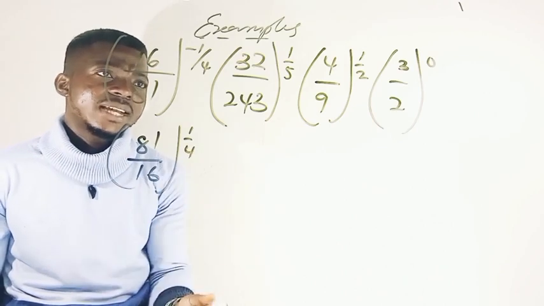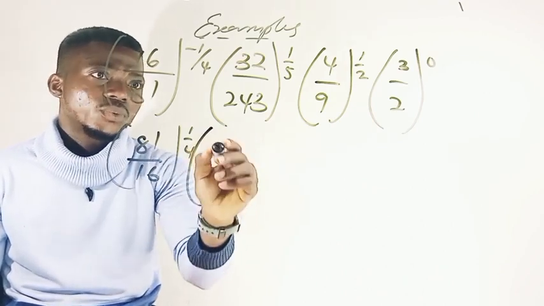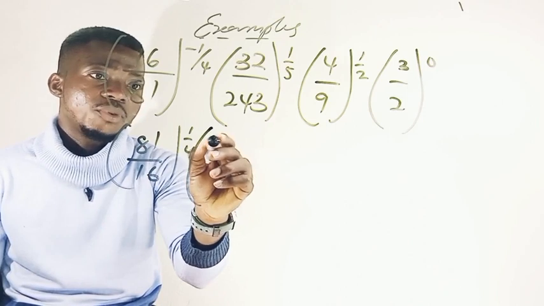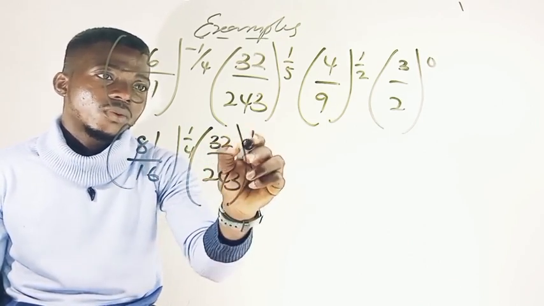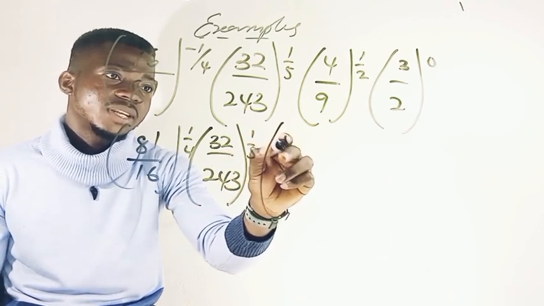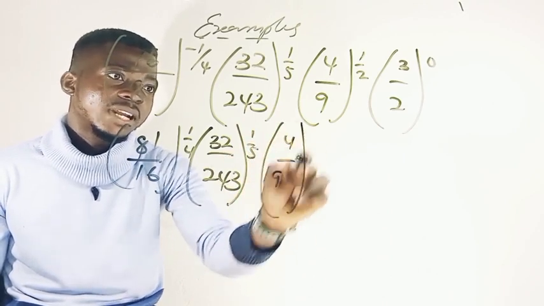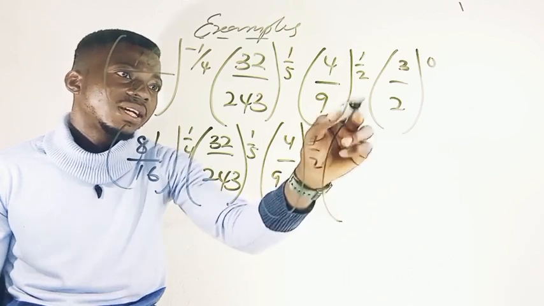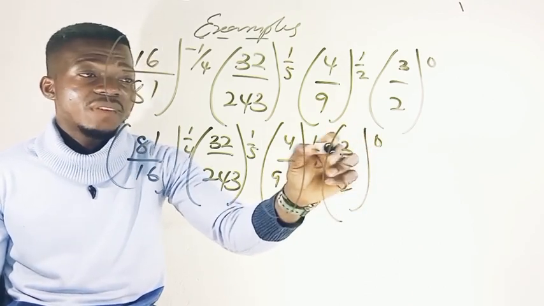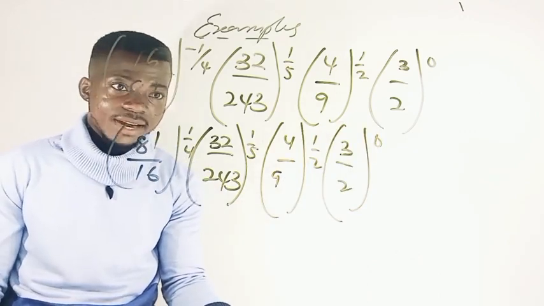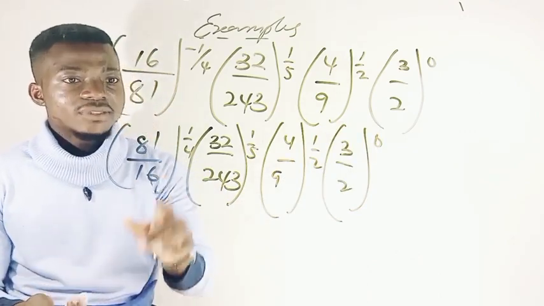Now here, there's nothing that you're going to do. So we're going to have, let me repeat it, 32 over 243, 1 over 5. This is also the same, 4 over 9, 1 over 2. This whole thing will give us 1 actually. This whole thing will give us 1 because its exponent is 0.